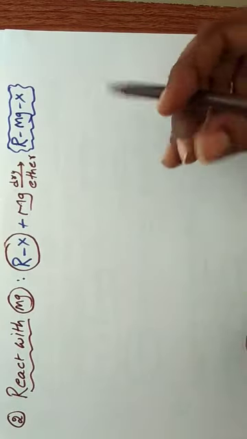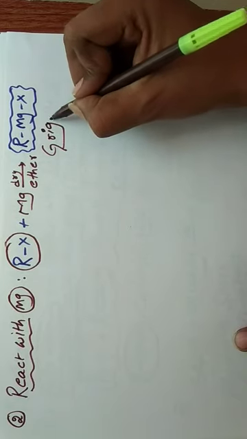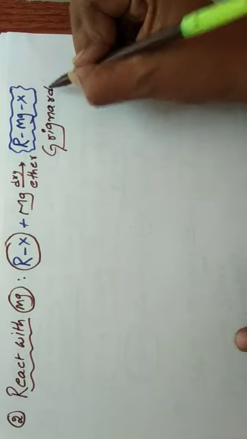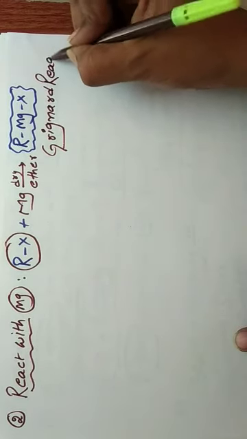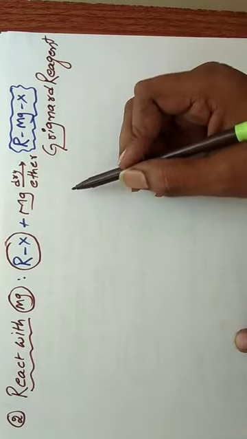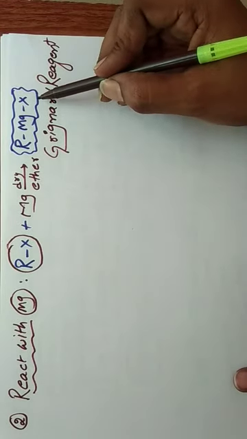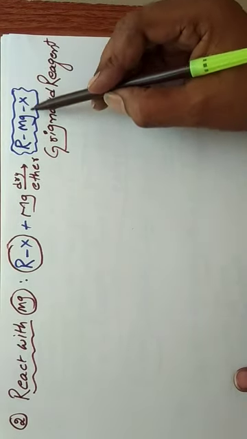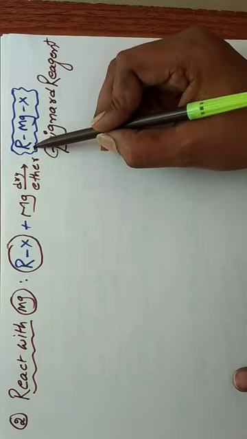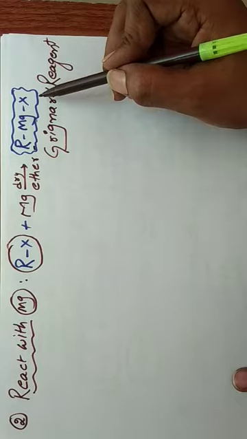This is separately called Grignard reagent. In competitive tracks and also in the regular syllabus, we frequently use Grignard reagent, RMgX. Here R is the alkyl group, Mg is magnesium, X is the halogen atom.